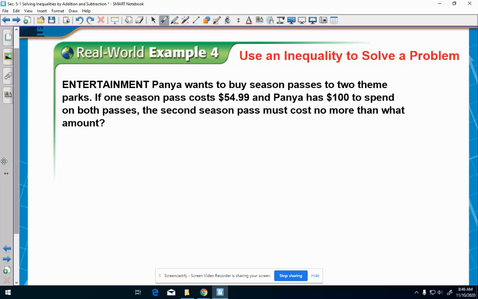So first of all, what does the inequality here look like? Declan thinks he has an answer. Did anybody else have an answer written down yet? No? Okay. So you know that one pass is going to cost you $54.99. She's only got $100 to spend.